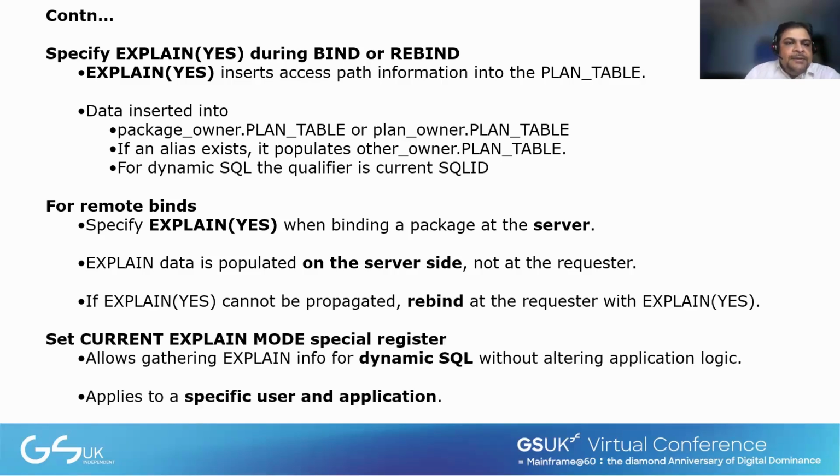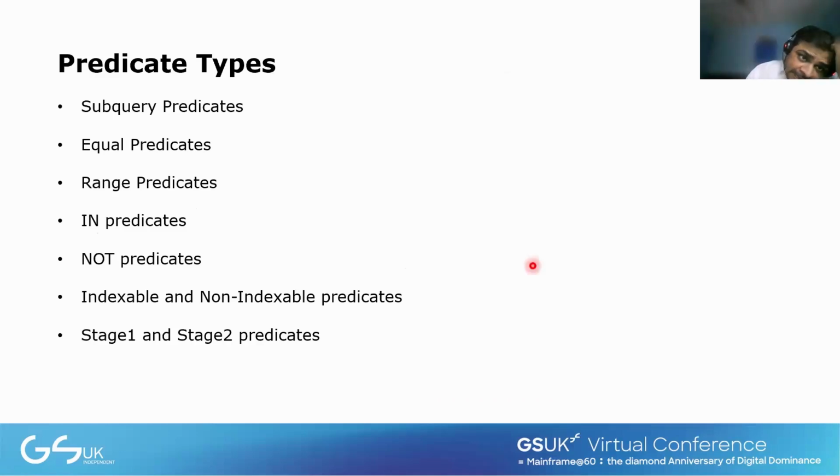Okay. So let's focus a bit on predicates. So I hope you understand what a predicate is. A predicate is an operator which you can put between columns or to a column after the where clause, or after the when clause also. I mean, there are different clauses, but basically after the where clause.